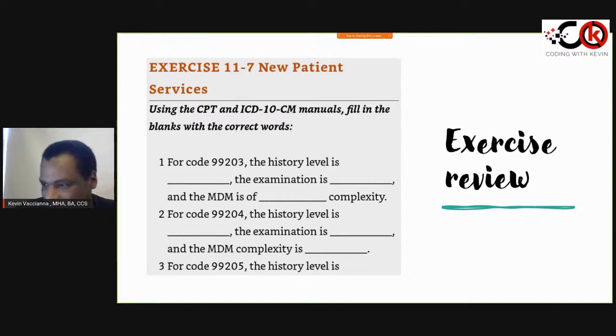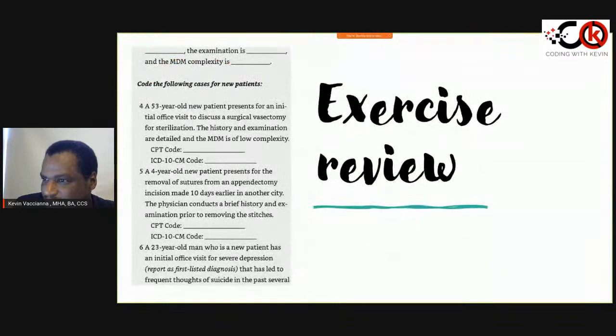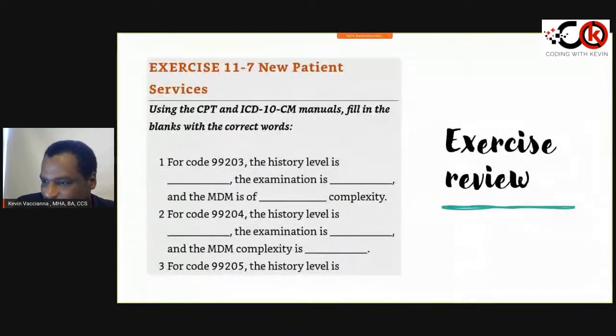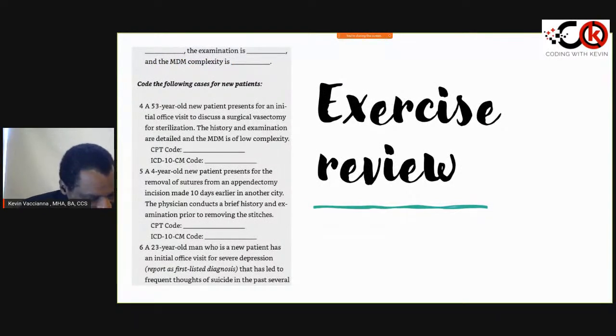For 99204, what do we have for history? Comprehensive. Okay, and the examination? Comprehensive. And the MDM? Moderate complexity. Okay. All right, and then for 99205, what would the history be? Comprehensive. And the examination?